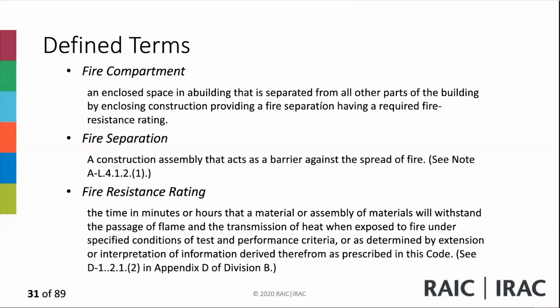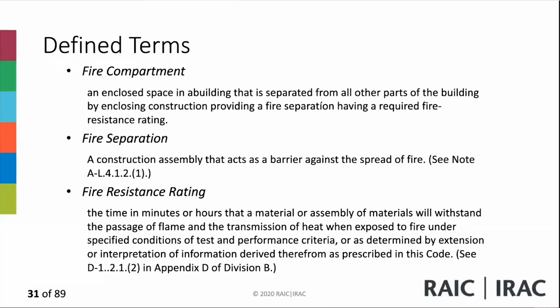It is generally understood that the term fire refers to all products of combustion, including heat and smoke. Although a fire separation is not always required to have a fire resistance rating, it should act as a barrier to the spread of smoke and fire until some type of response is initiated.